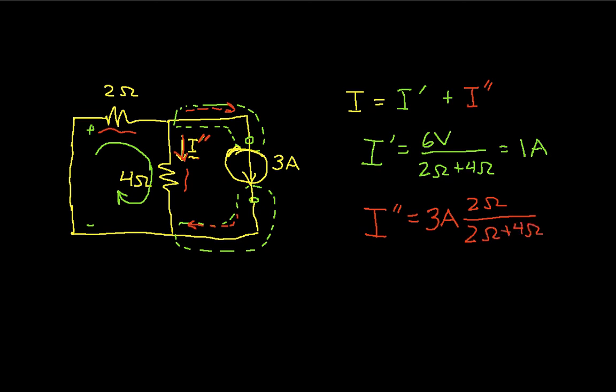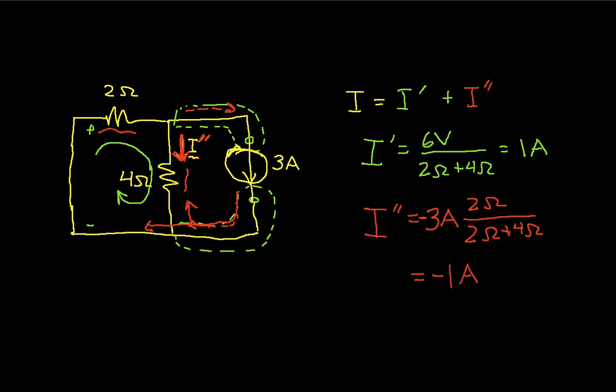And I have to put a negative sign in front of this because I've drawn the current flowing down, but it's clear from the direction the source is pointing that the current's actually going to flow like this. Okay, so I can solve this, and I get minus 1 amp.